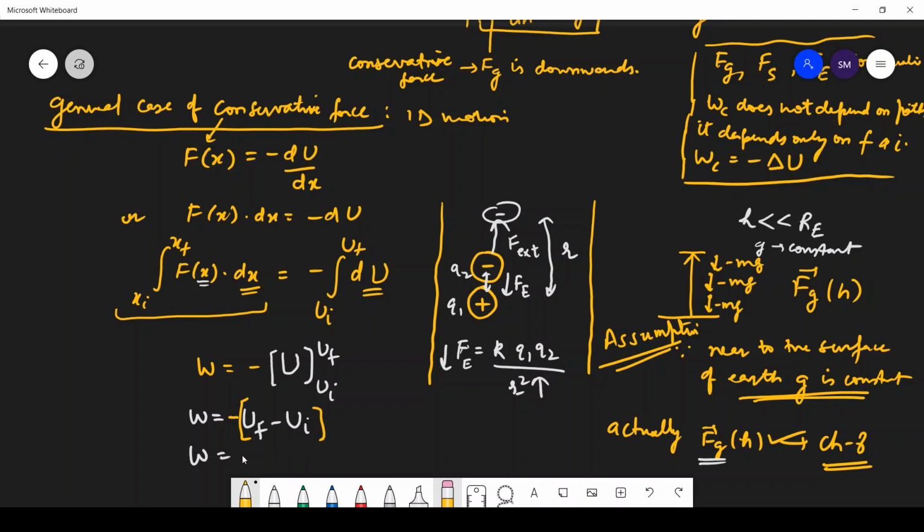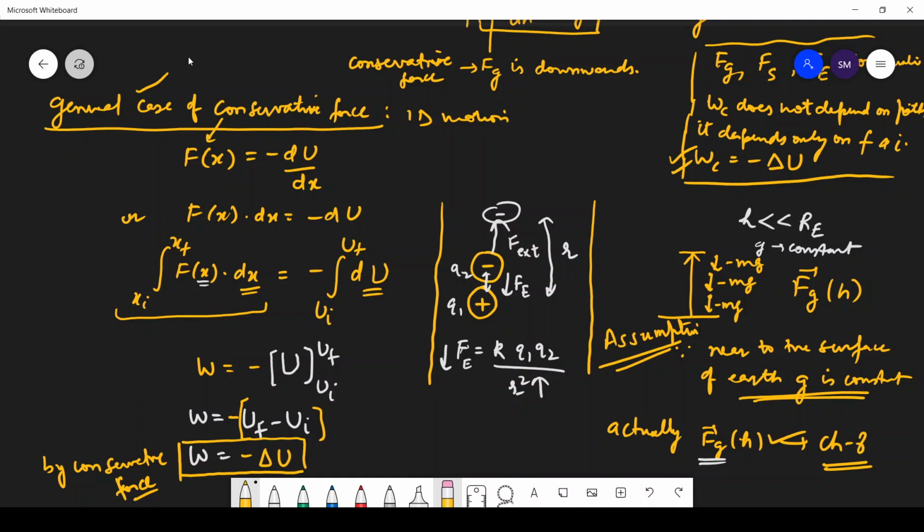And students, this is equal to minus final minus initial, minus delta U. So this is the work done by conservative force. So I have derived this relation again. You already know this formula. This was already written over there, but that was for gravitational force. But now we have done it as a general case for conservative force.